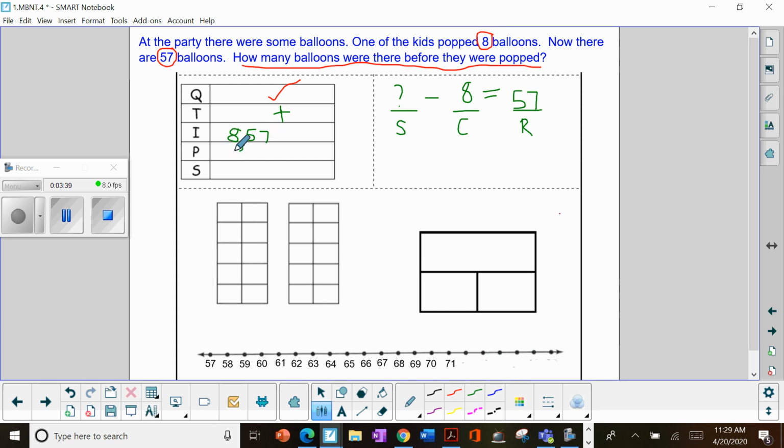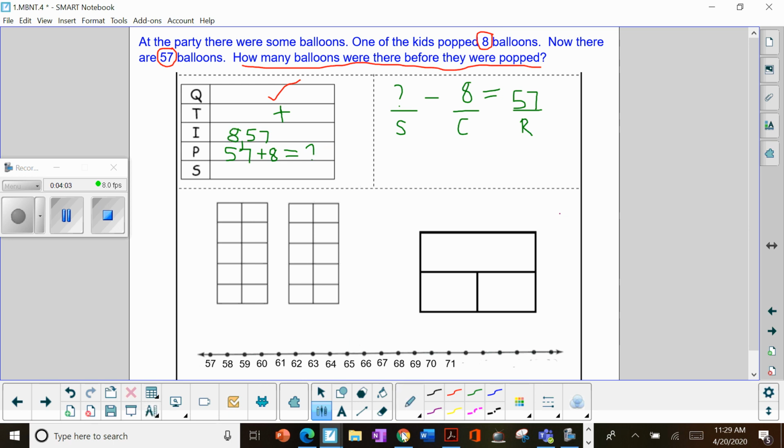And so our equation, our number sentence, is going to look like this: 57 plus 8. We've got a 2-digit number and we're adding a 1-digit number to it. Equals, I don't know what it equals.